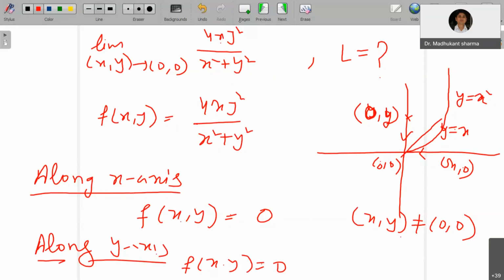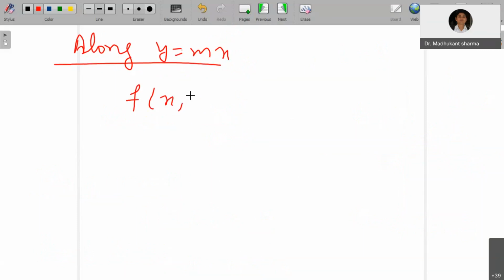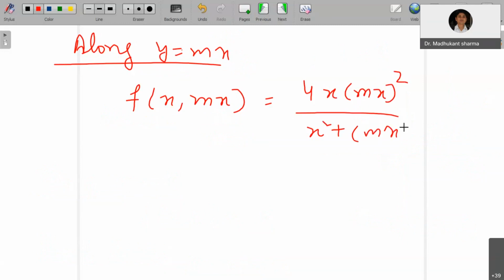Let's look at the line y equals mx. Along y equals mx, what is f of (x, mx)? It is 4 times x times y square, so (mx) whole square, divided by x square plus y square, that is (mx) whole square. This equals 4x cube m square divided by x square times (1 plus m square).